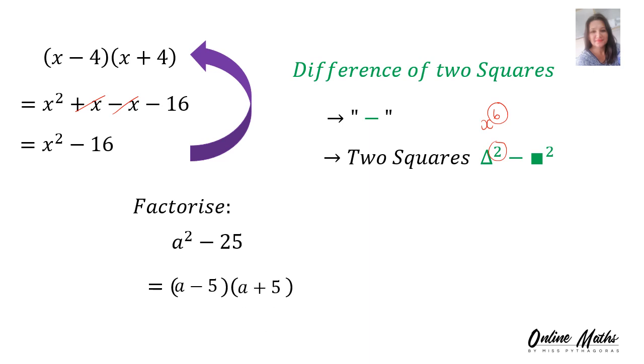So inside the one bracket there's a minus, and inside the other bracket there's always a plus. And how I got to a and 5 was you actually say the square root of a squared is a, and you say the square root of 25 is 5.